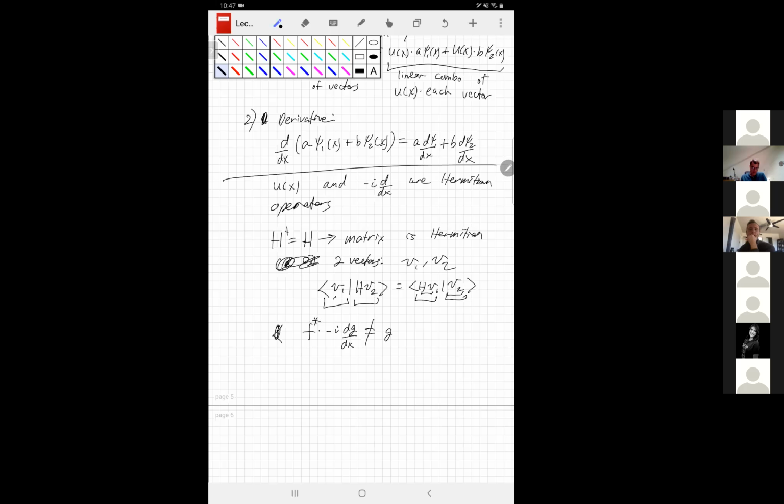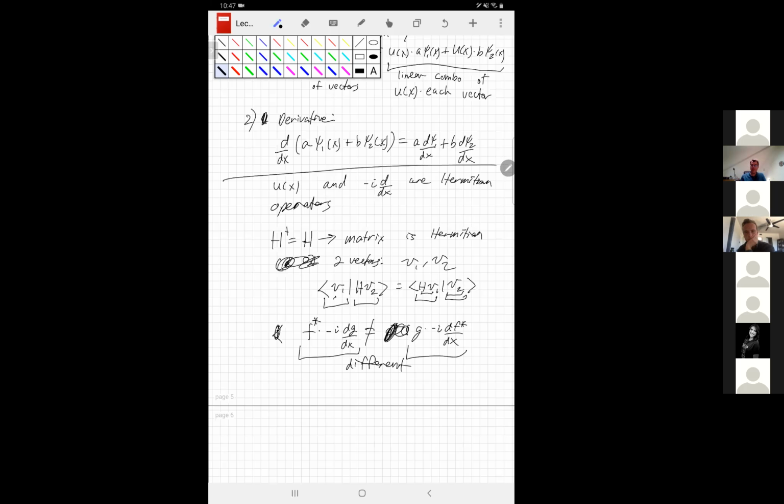Or even, I should be writing this as f star. That's not the same as g times minus i df/dx star, okay? These two things are different.